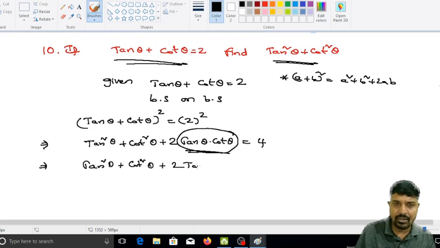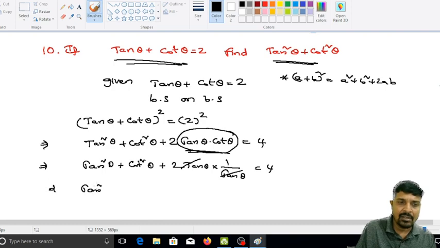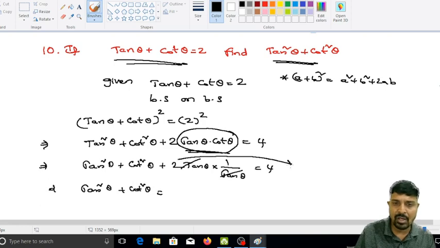So I will write here 2 tan theta into 1 by tan theta is equal to 4. Tan theta will be cancelled. So tan square theta plus cot square theta is equal to, this plus 2 on transposition is going to become minus 2. This 4 is already there. It is 4 minus 2, which is equal to 2.